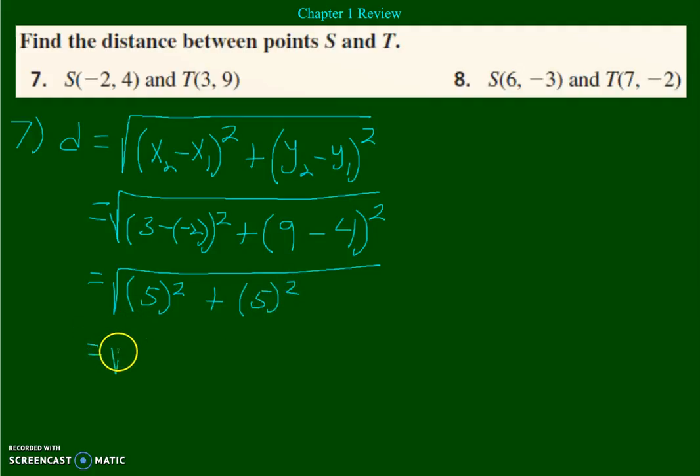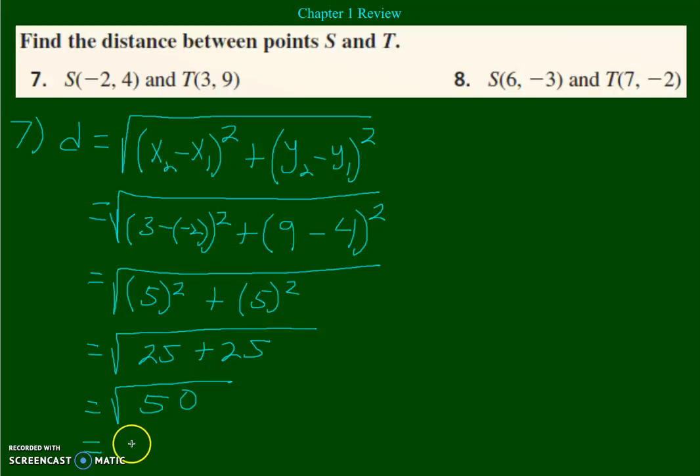which equals the square root of 25 plus 25, which is the square root of 50, which when simplified gives us an exact value of 5 times the square root of 2, which is approximately equal to 7.071 to 3 decimal places.